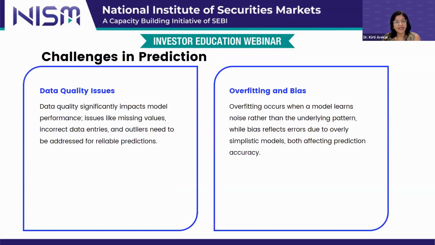There are a lot of challenges in prediction, because data quality issues are there. As we build the model, there are a lot of missing values, incorrect data entries, and outliers. In the financial market, the data does not move in the same way.